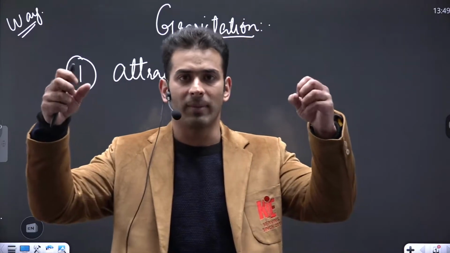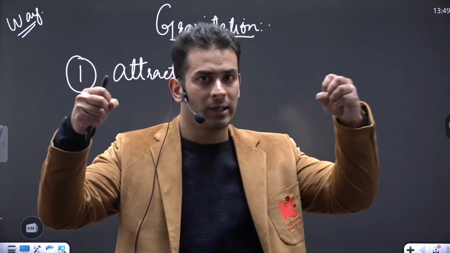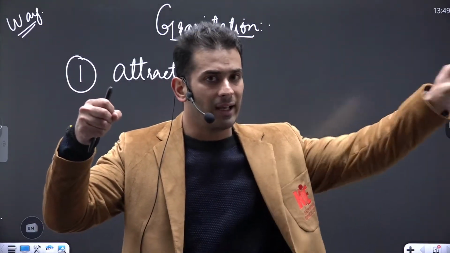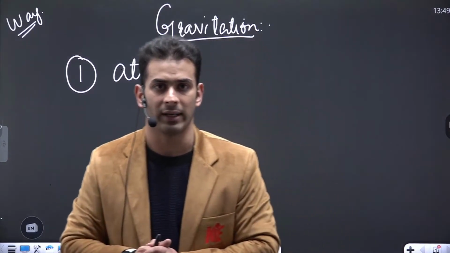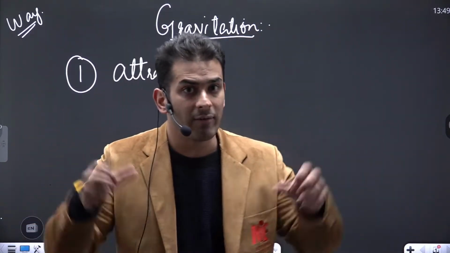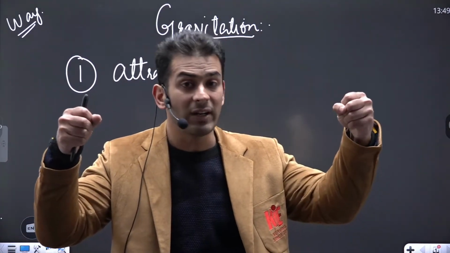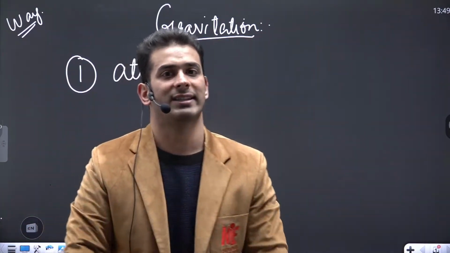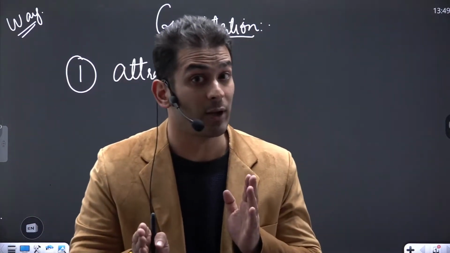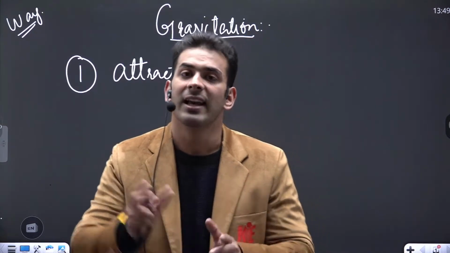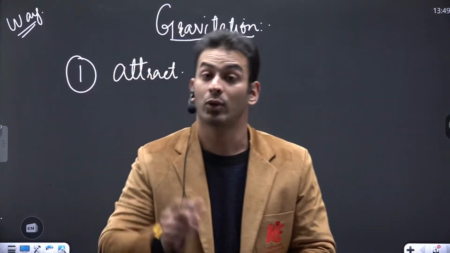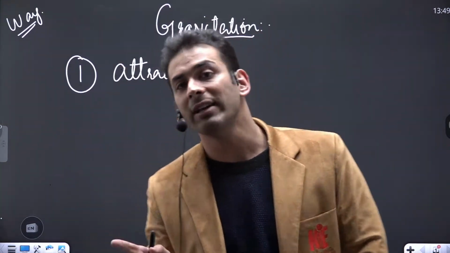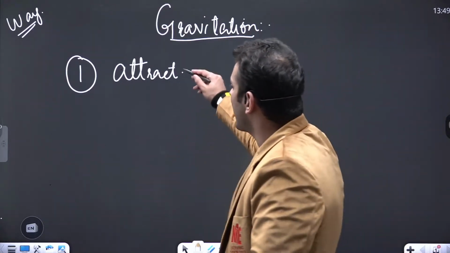For example, two masses. This will not pull this or push this mass away from itself. It will never do it. Whenever two masses come in contact, the force of gravity will try to pull it towards itself. This is the first property of gravitation. It attracts the other mass. So beta, we concluded whenever there are two masses, they will always attract each other.